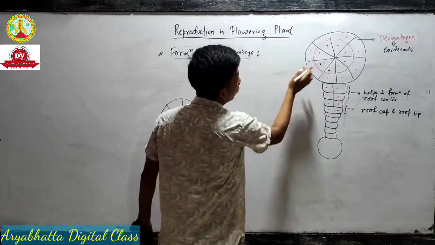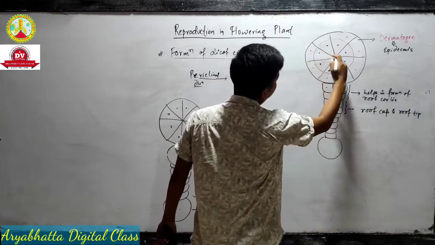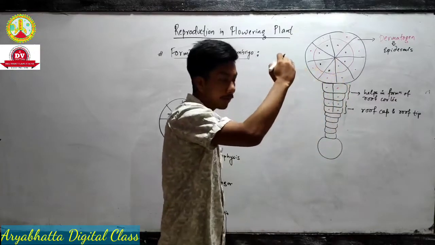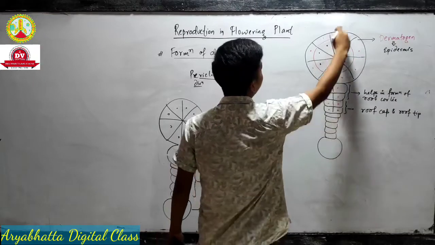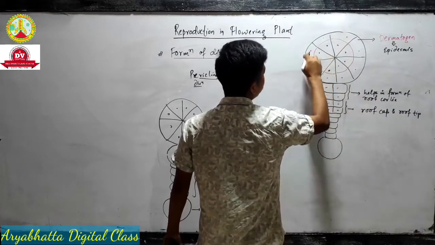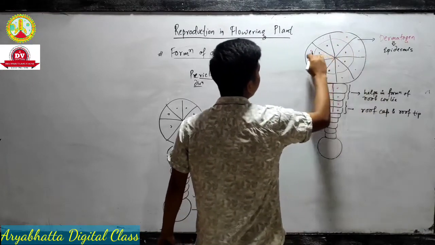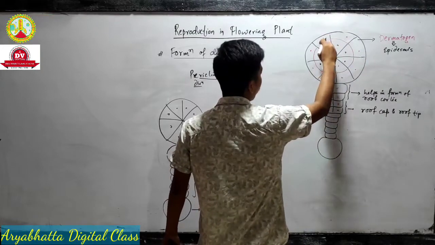Now, the half part of the lower region of pro-embryo, starting from here. This is the half and this is the other half. That is the middle region. This is the lower half, and this is the upper half.